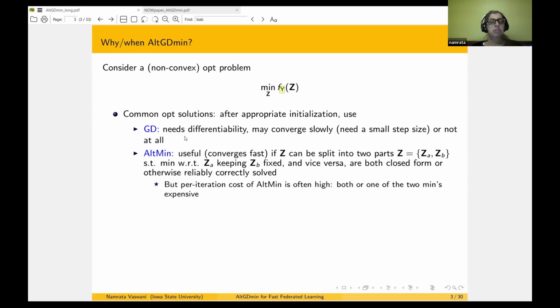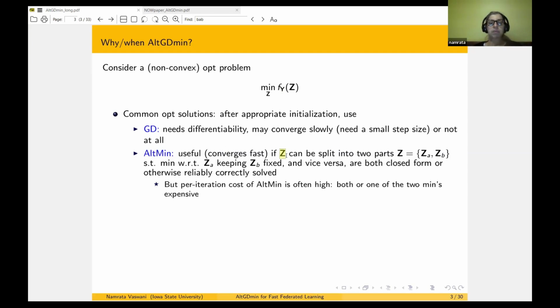For some classes of problems where gradient descent is either very slow, needs a very small step size, or does not converge at all, people have designed a heuristic called alternating minimization, which is typically useful, by which I mean it converges quickly. First it converges, and second it converges geometrically.